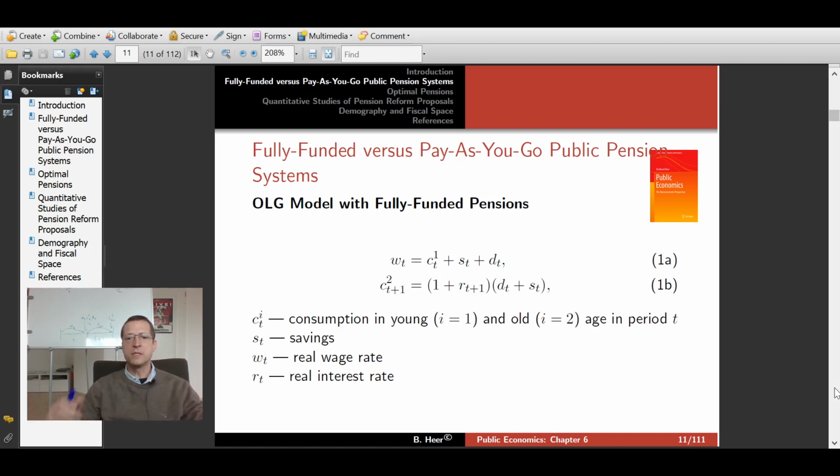Now, if the government increases pensions or contributions, DT, and the contributions reach a certain threshold level, we will see that ST becomes negative. Now, for negative savings, we become a debtor, and we observe in modern economies that, of course, the interest rate on debt is usually higher than the interest rate on our positive savings.